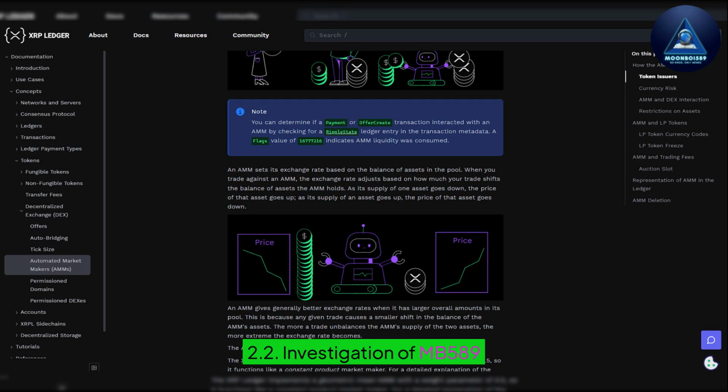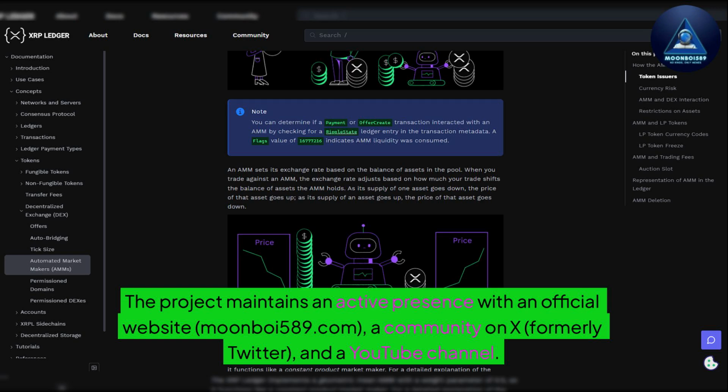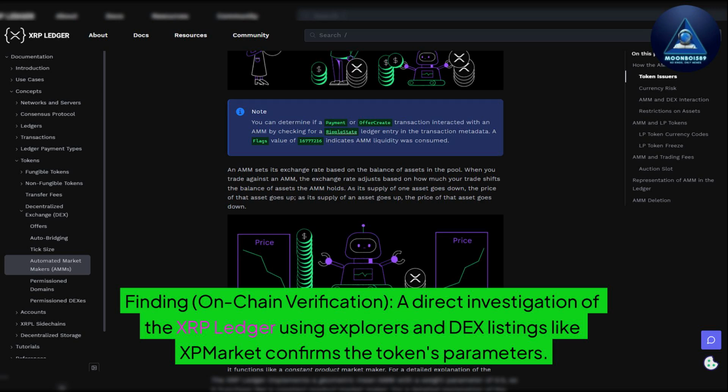2.2. Investigation of MB589. The project maintains an active presence with an official website, moonboy589.com, a community on X, formerly Twitter, and a YouTube channel. Finding: on-chain verification. A direct investigation of the XRP Ledger using explorers and DEX listings like XP Market confirms the token's parameters.